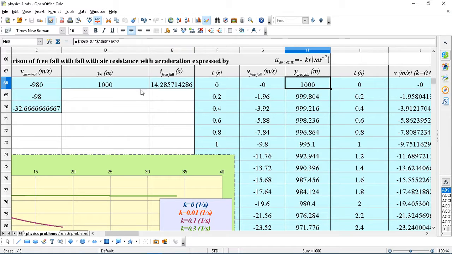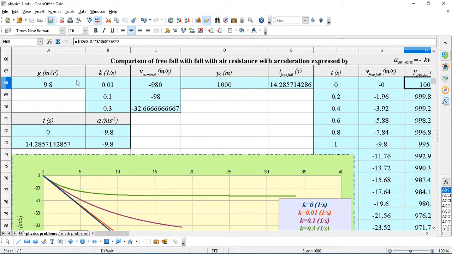Okay, so y equals then the initial height, which is given by the value in cell D68, which is this one, minus 1/2 of A68, which is g, this one, times the respective value of time squared.